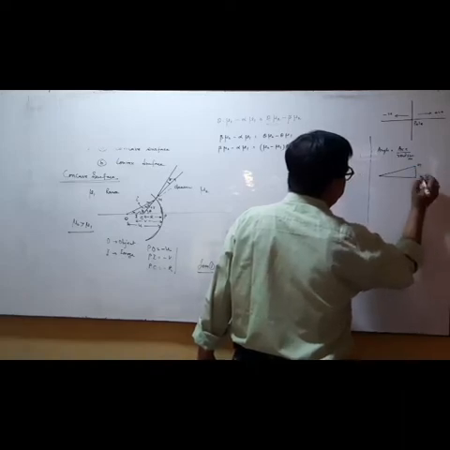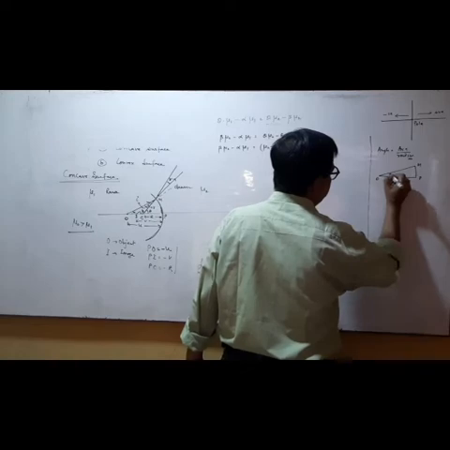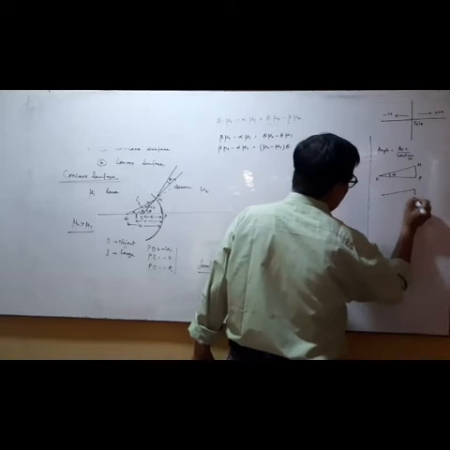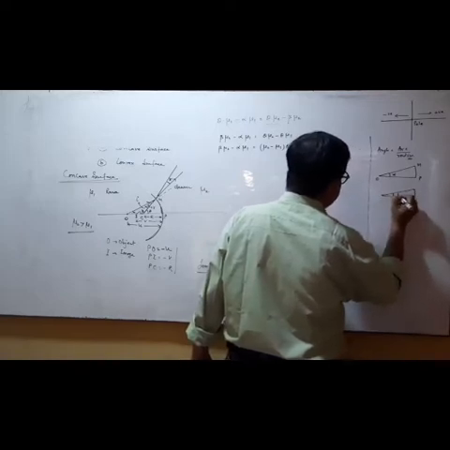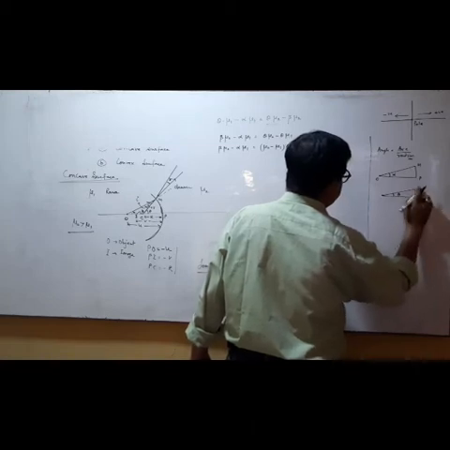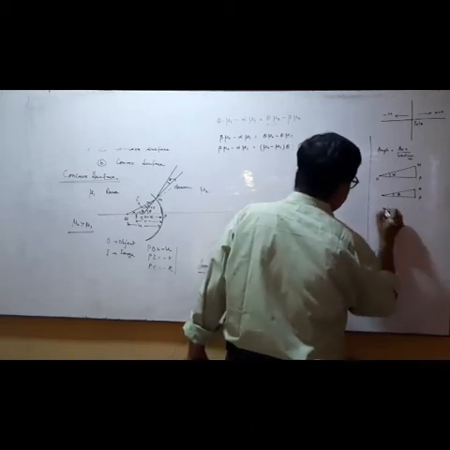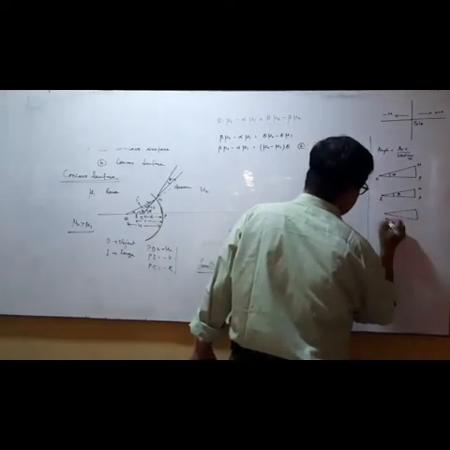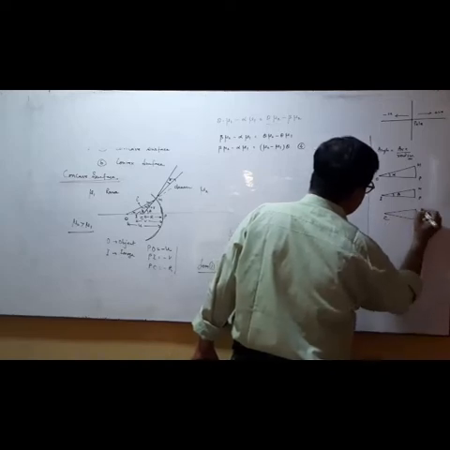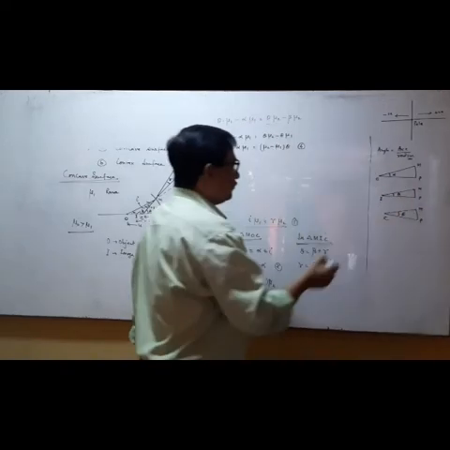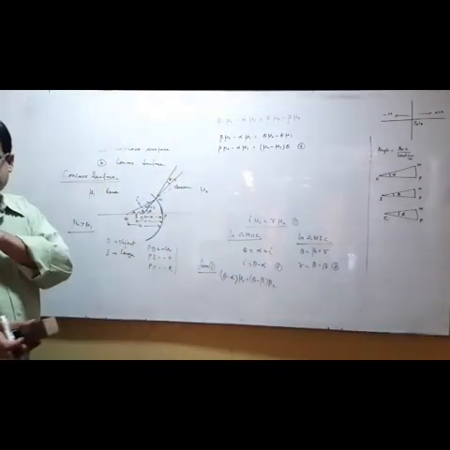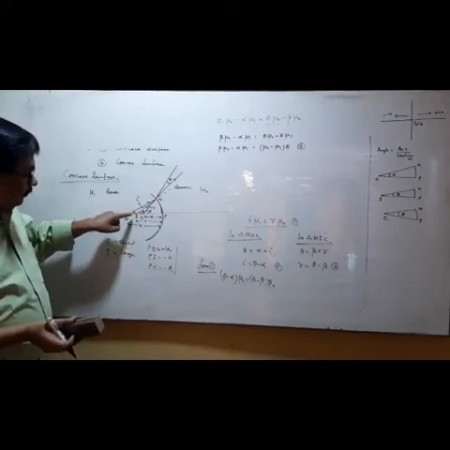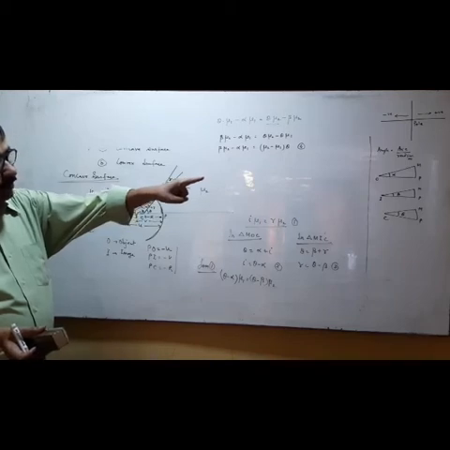Here the angle is alpha, similarly here the angle is beta, and we have three different arcs, for alpha, beta and theta.